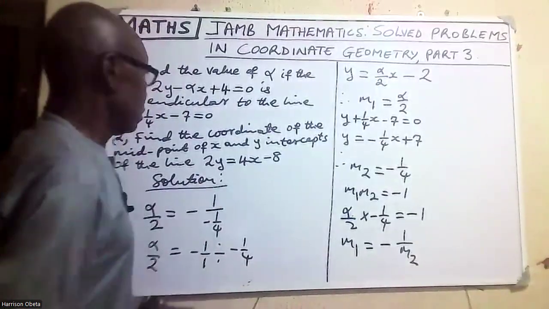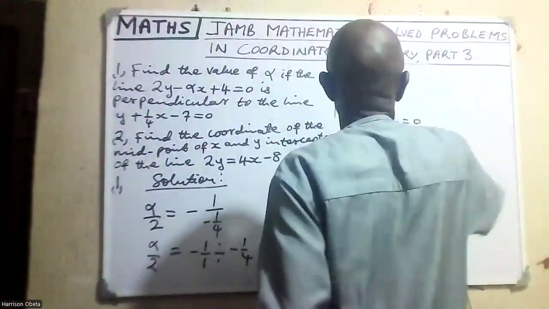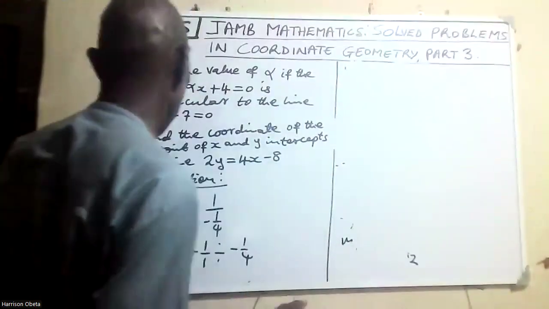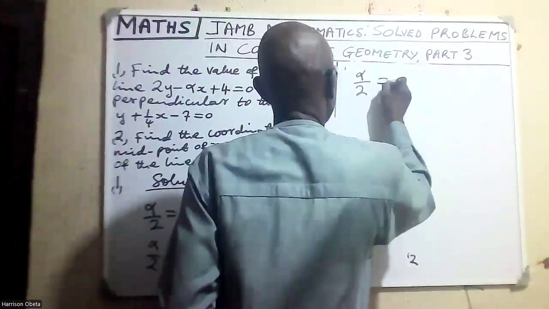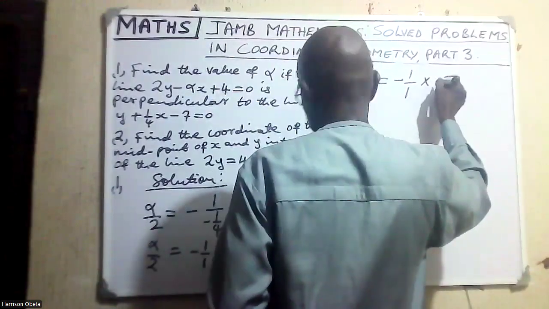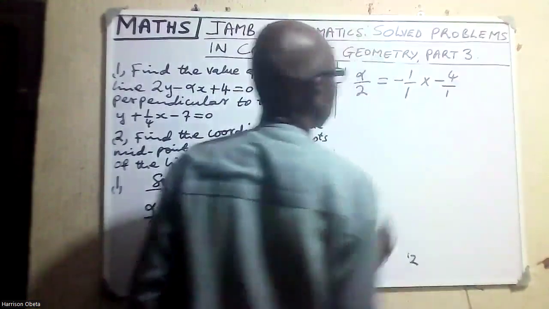Then alpha over 2 is equal to minus 1 over 1 times minus 4 over 1.